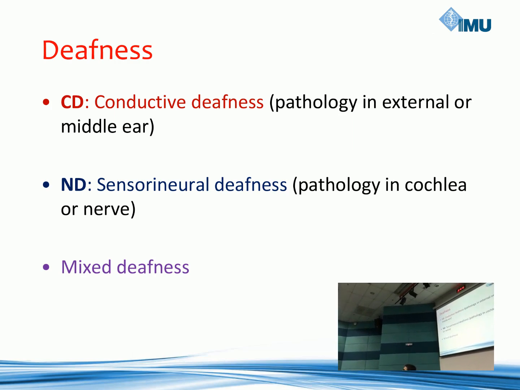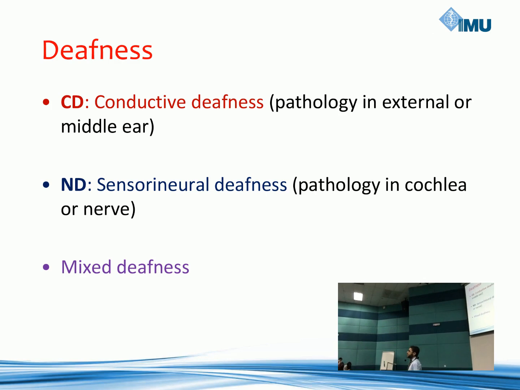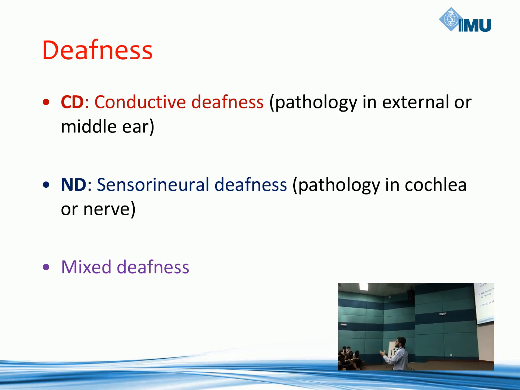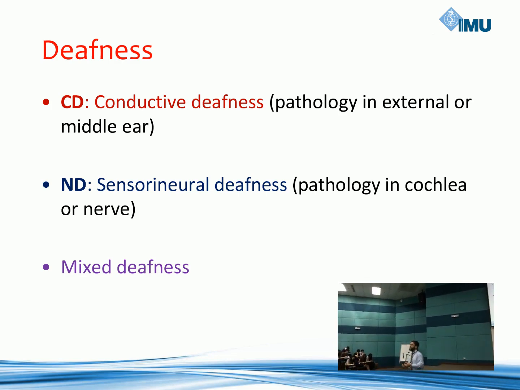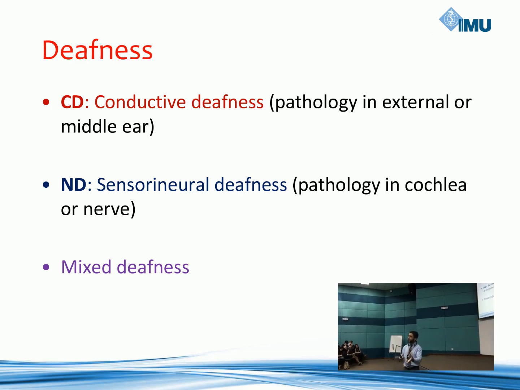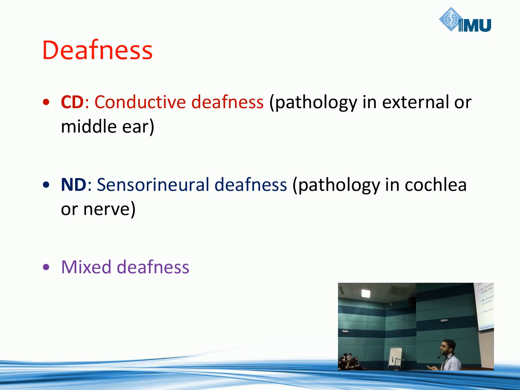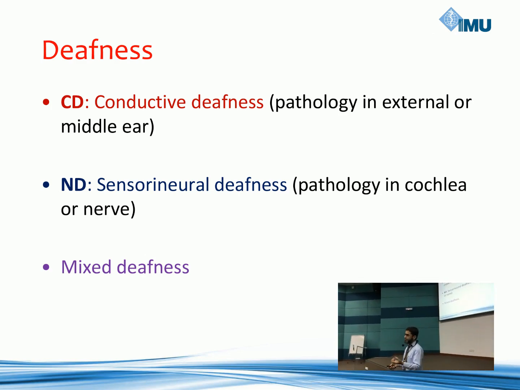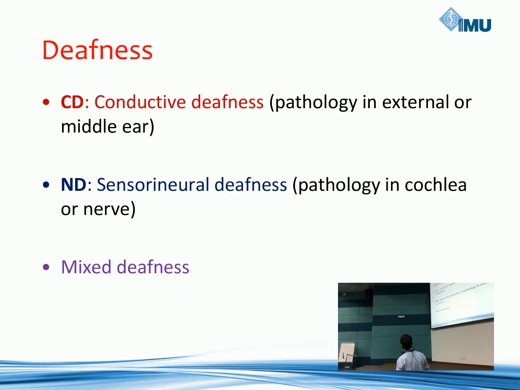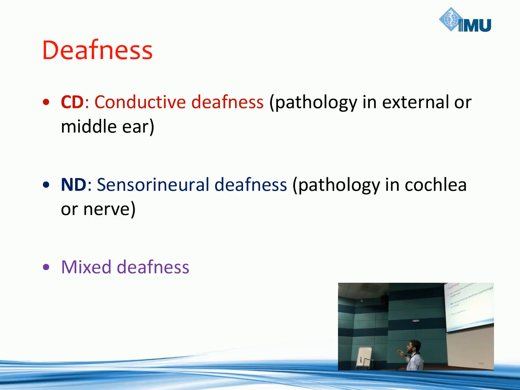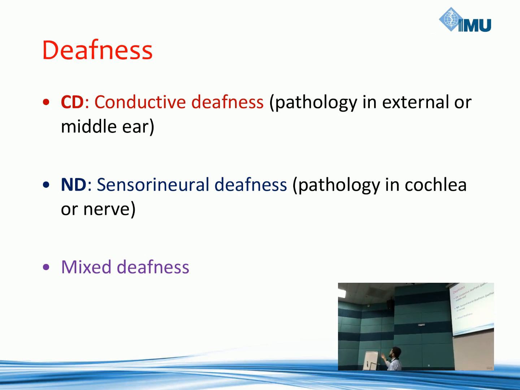Now, let's look at some clinical examples. Deafness. Deafness is inability to hear sounds. Okay? It could be partial, it could be complete, and it could be divided into two types based on the cause of deafness. The first one is called conductive deafness, where the sound waves are not being conducted to the cochlea.